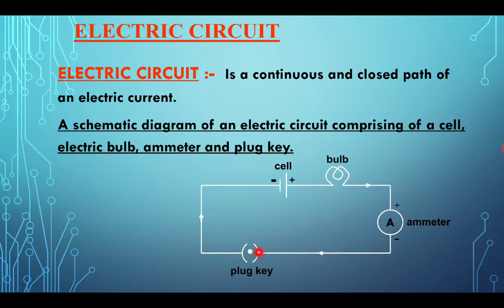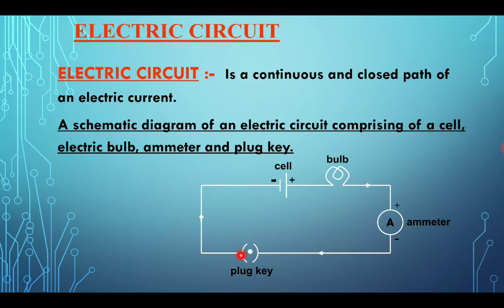Now this plug key is very important. When we insert this plug key, the circuit is closed and current flows through the circuit. When the key is inserted, the cell creates a potential difference across the bulb, making this terminal more positive and this terminal more negative. Because of the created potential difference, the current starts flowing from here to here.